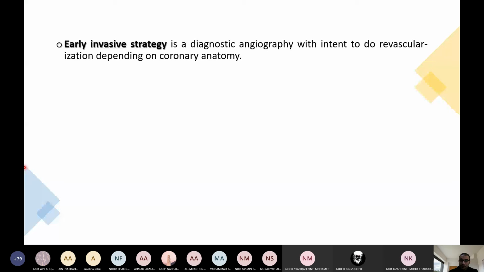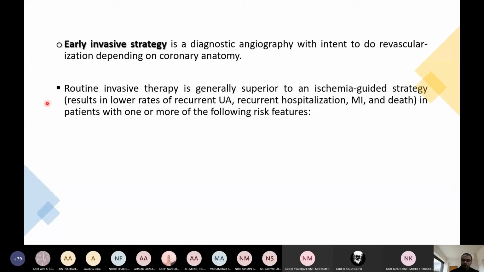The early invasive approach in non-STEMI, of course, involves angiography. Angiography is the procedure that can help restore the partially occluded artery and assess the coronary vascularization in general.